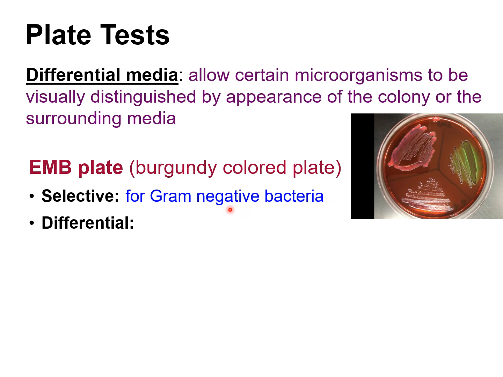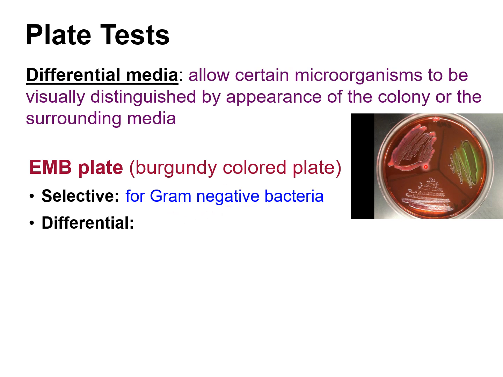That means that gram positives cannot get cultured on an EMB plate. So if you see growth, notice how right here on this EMB plate I have growth in that quadrant, and here there's growth in that third quadrant. That means all of these bacteria are gram negative.